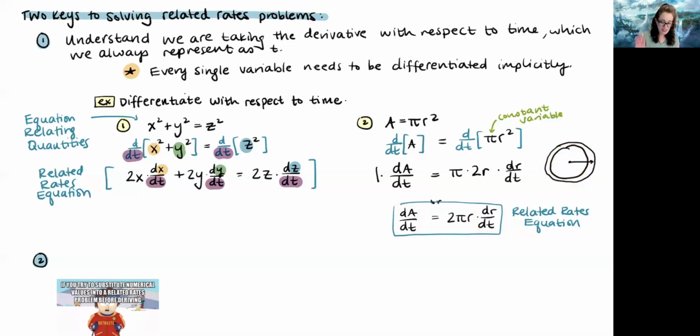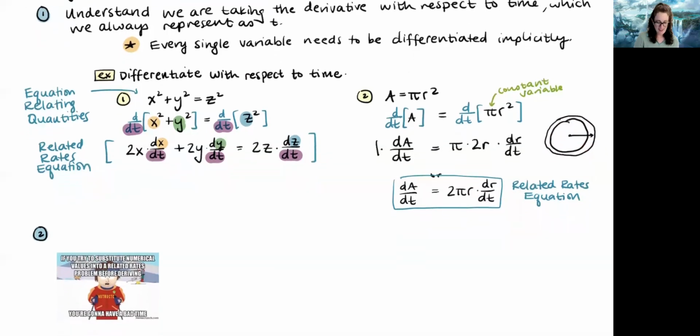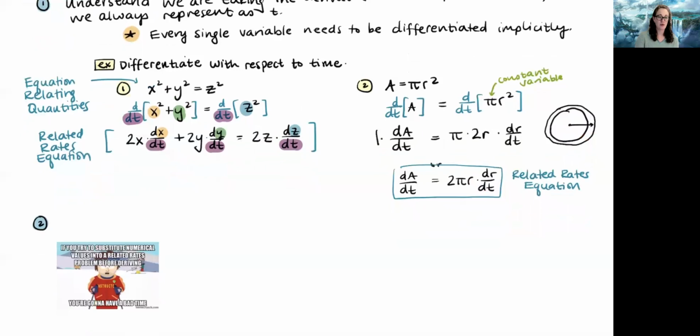Okay, so that's the first key: remember everything is differentiated implicitly with respect to time. The second key to related rates problems is that you have to understand when you can substitute in numerical values. There are some that you can put in before differentiating, and there are some that you have to wait until after.